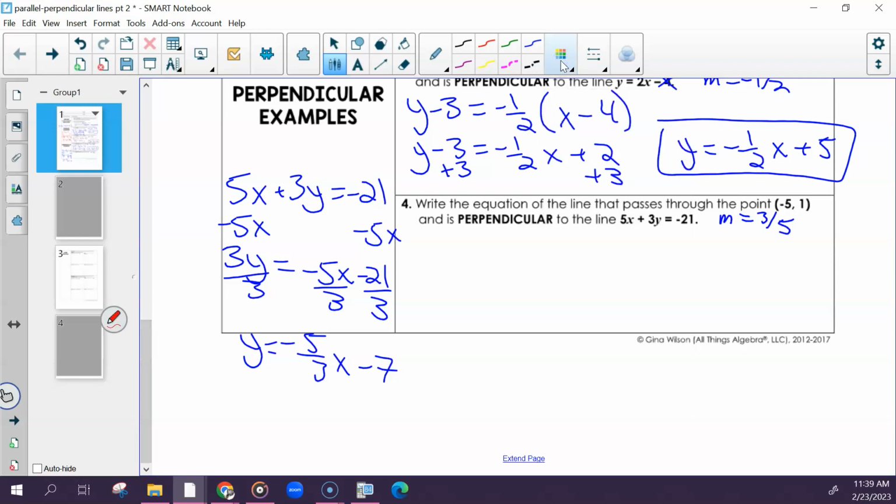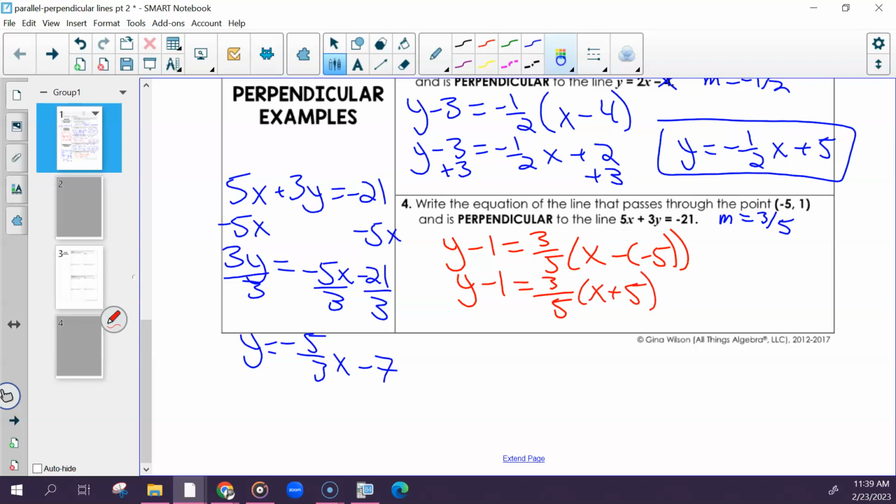And then you do the same process. So your new slope, point slope, with your new slope and your ordered pair. y minus 1 equals 3/5 times the quantity x minus -5. Or change it to a plus. Keep working that.